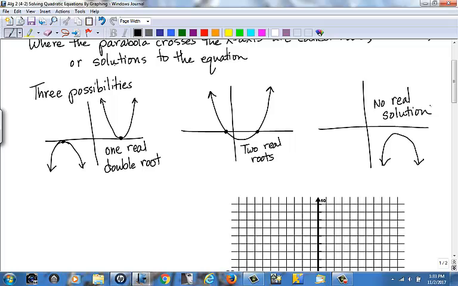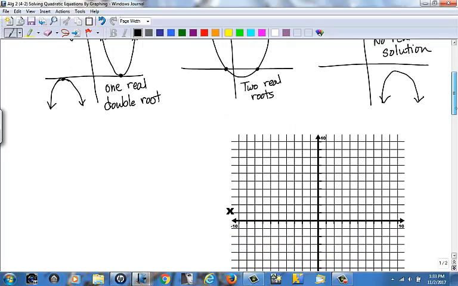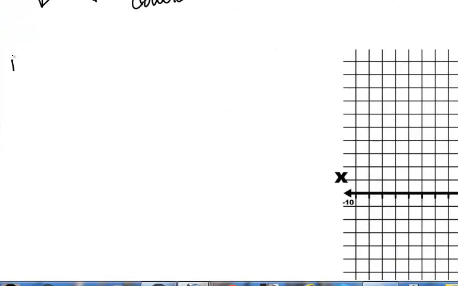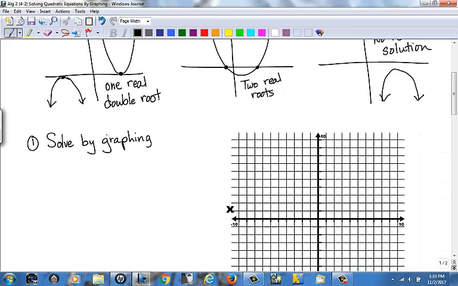Okay, now I'm going to take you through some examples and actually solve some of these. So the first one, the directions will say solve by graphing. On this one, they're going to give you the equation x squared minus 3x equals 4.